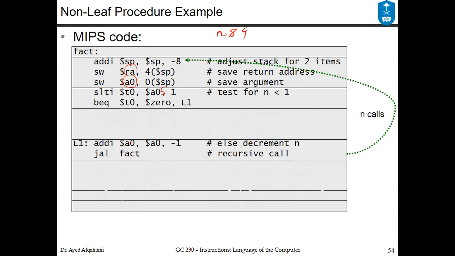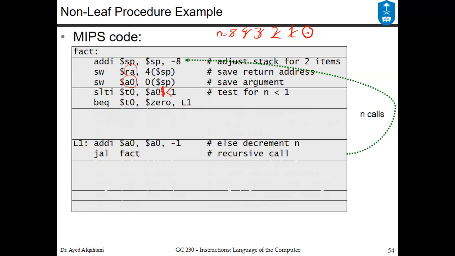And then again, you do it for 3, for 2, and also for 1. Let's check 1. When you compare 1 and 1, 1 is not less than 1. So again, you will call the factorial function. So you will keep calling until you reach 0.